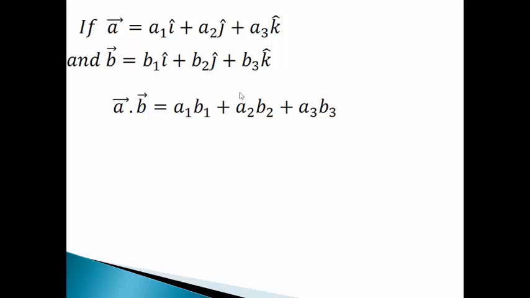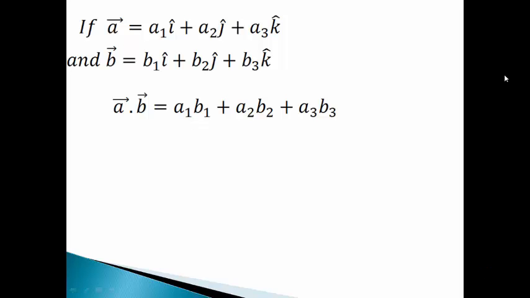Now this you can directly simplify when you multiply A bar into B bar by simple multiplication, where the result of i dot i will be 1 and i dot j and i dot k will be equals to 0. So the resultant will be of the form given here.